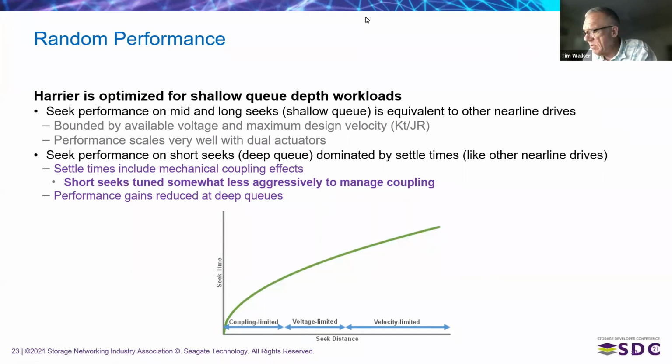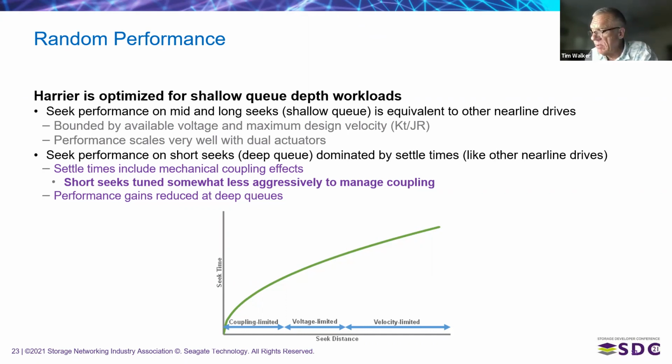Because this is a split actuator design. The two actuators are on the same shaft, the same pivot. And even though mechanical engineers did a great job and spent a lot of time working on this, there is some mechanical coupling between the two actuators.